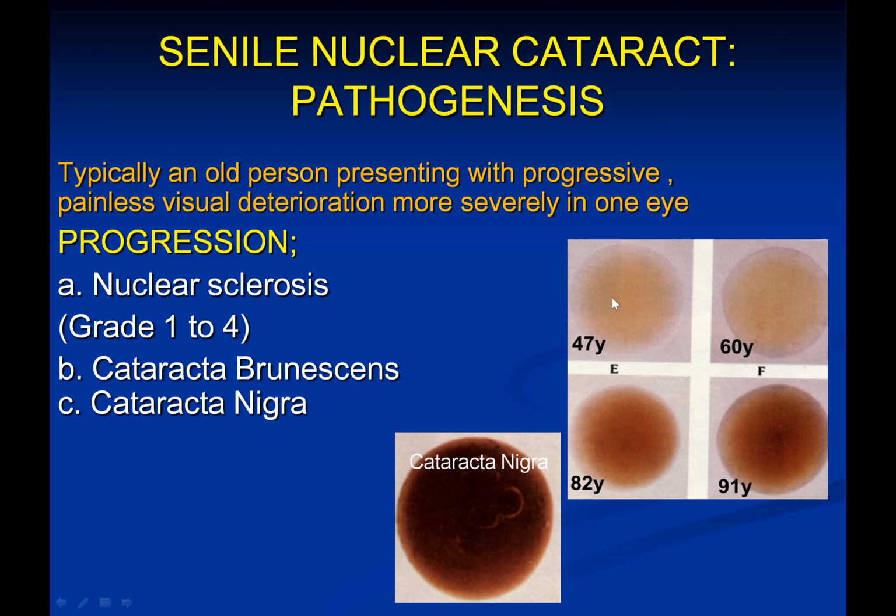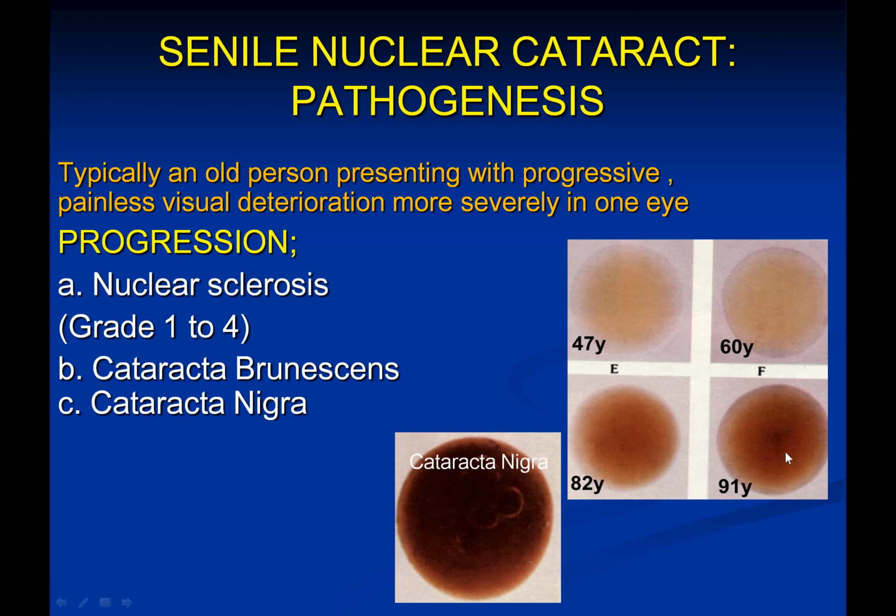The lens turns from a typical amber color to a bit yellowish color, and then as age advances, it converts to light brown, brown, and then dark brown. It varies from individual to individual and generations, and depending upon the patient's geographical residence or area. These are 4 grades, grade 1 to 4, up to this brown cataract.